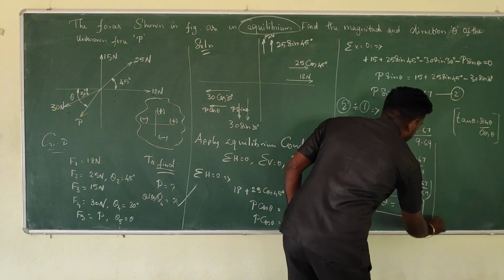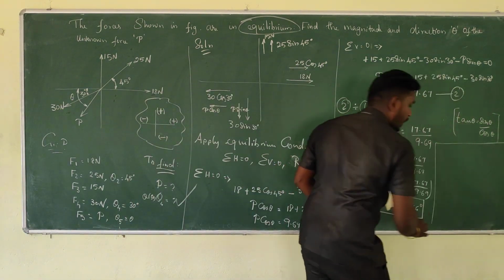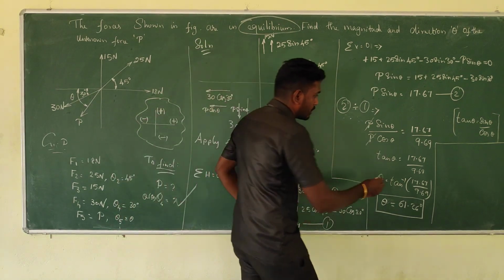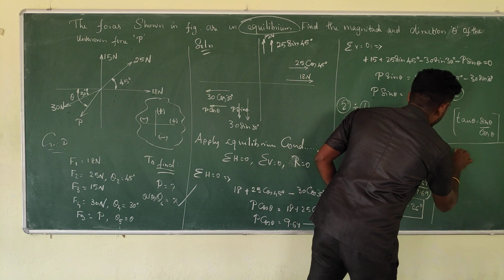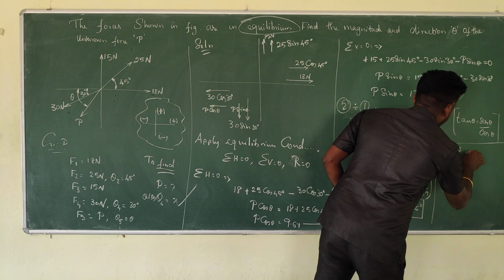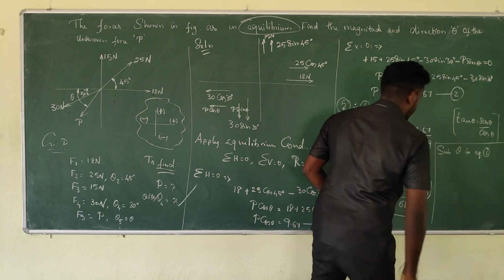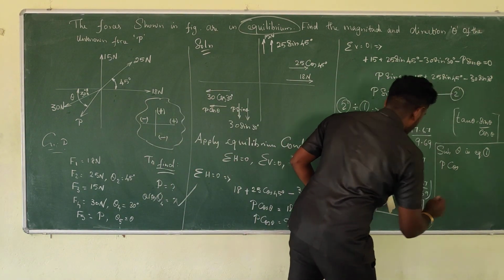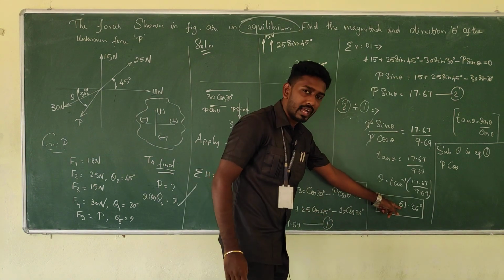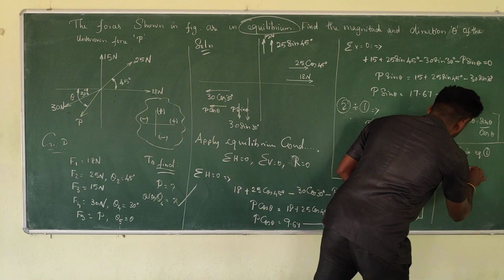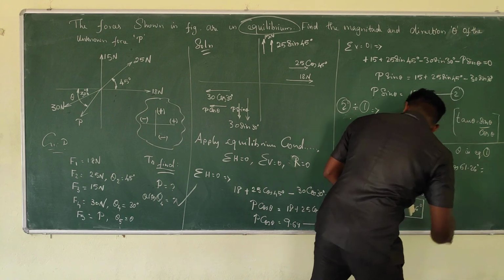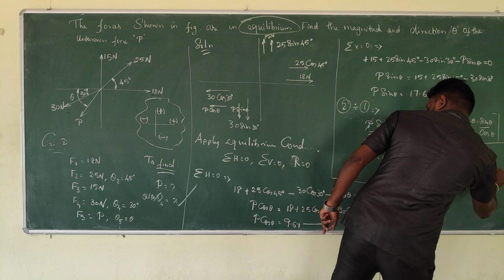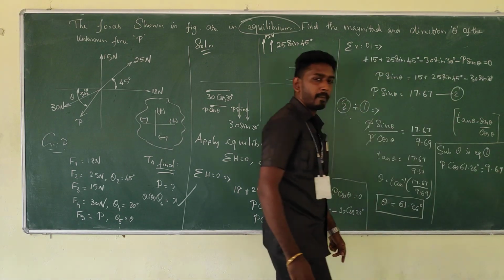So here I am going to substitute the theta value in equation number 1. P cos theta, with theta as 61.26 degree, is equal to 9.69.